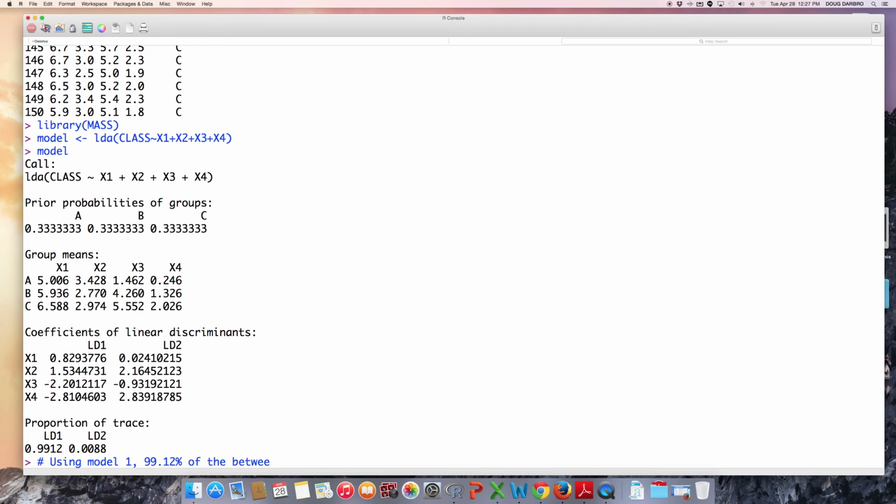Okay. So using model 1, 99.12% of the between variance is explained.